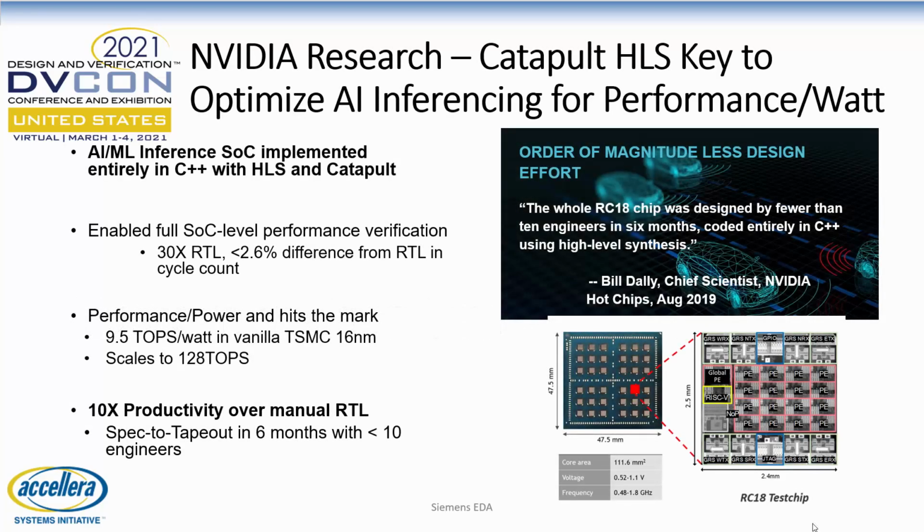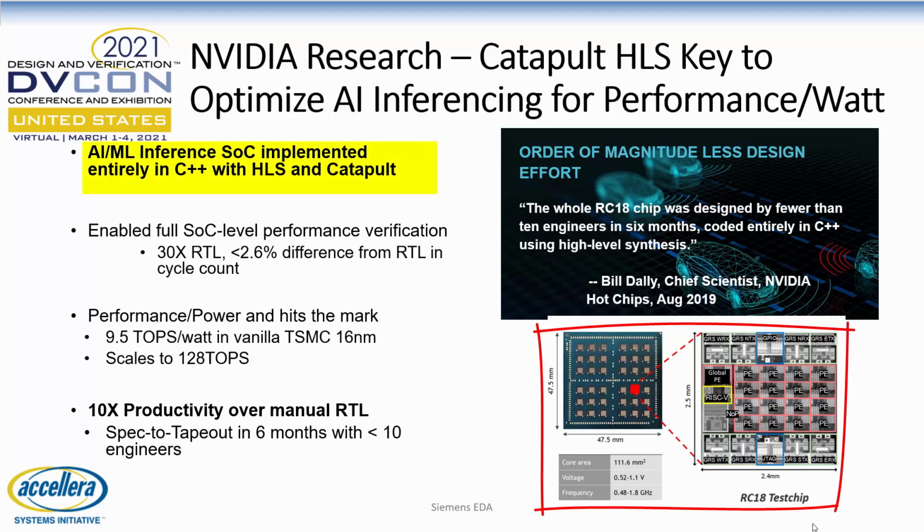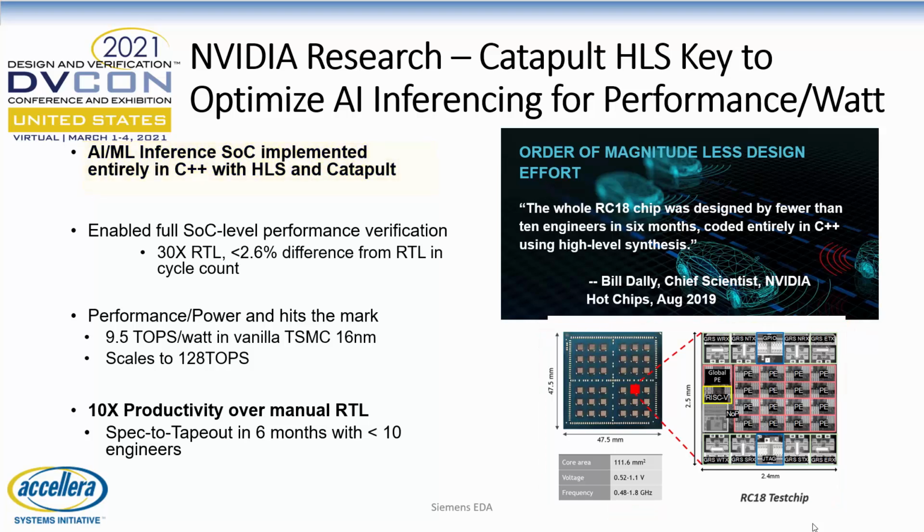NVIDIA Research built an AI ML inference SoC implemented entirely in SystemC with MatchLib along with Catapult HLS. Their use of MatchLib enabled a full SoC system-level performance verification that was 30x faster than verifying in RTL, with less than a 2.6% difference from the RTL and pre-HLS simulation.